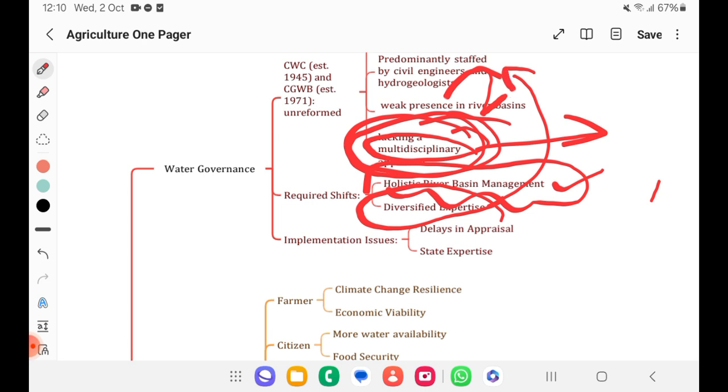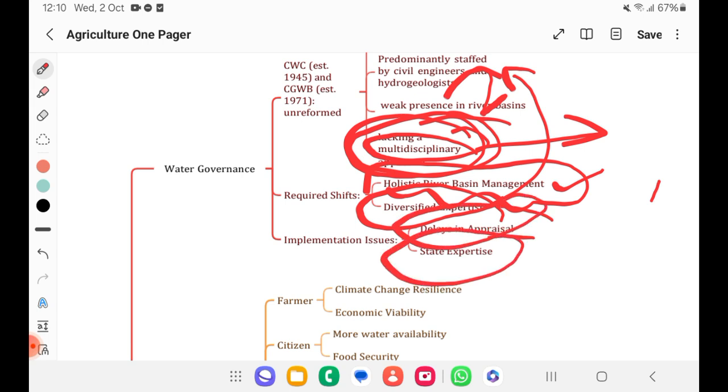We want diverse expertise so that we have a multidisciplinary approach for solving the issue. There are also implementation issues, because there are delays in appraisal and state expertise.